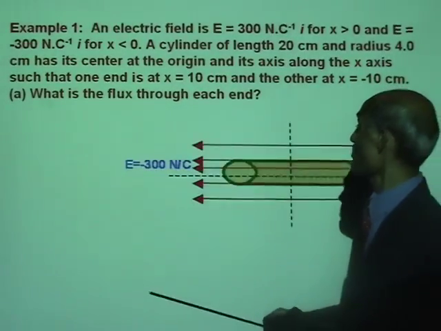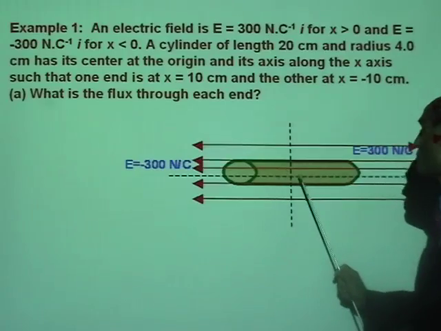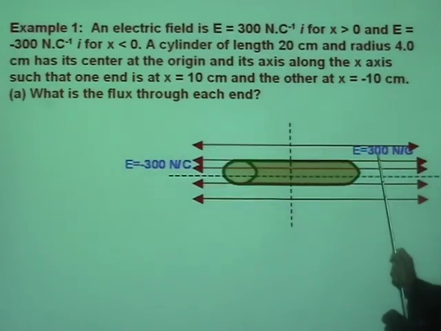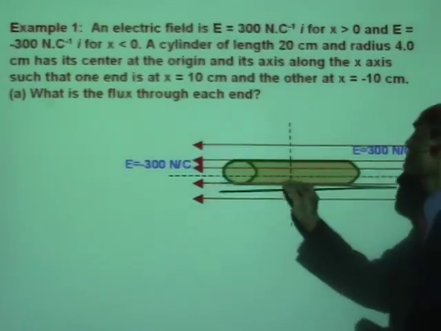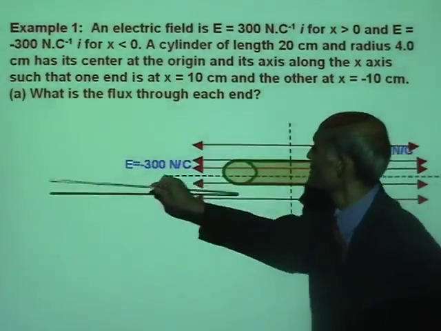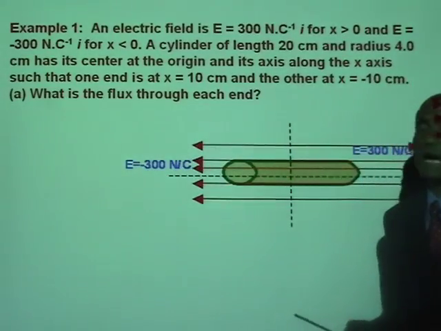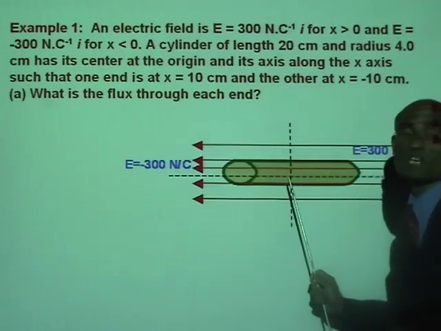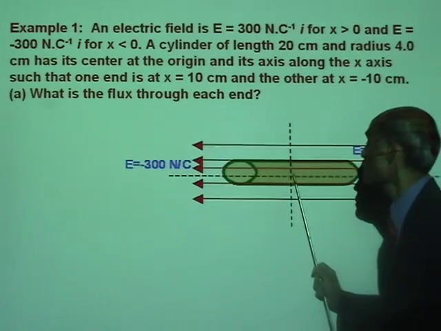Well, let's picture the problem. Look at this. Now, this is the origin. The field to the right of it is 300 Newton per Coulomb, positive x. And the field to the left is negative 300 Newton per Coulomb i. In other words, it probably is due to a positive charge here.